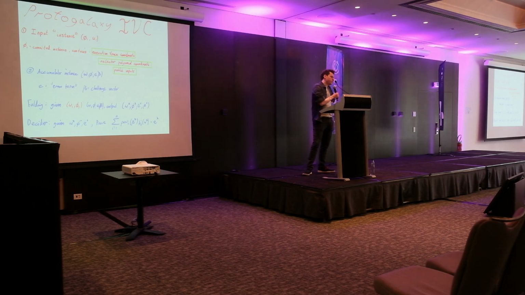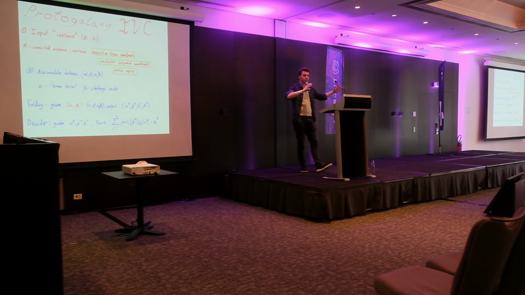And you have this thing called an accumulator instance, which is very similar to a regular instance, except it has these two additional terms, E and beta, where beta is basically random challenges that have been generated, and E is an error term. What we're basically doing here is taking multiple circuit descriptions with witness assignments, so basically quasi-proofs, and constructing random linear combinations of them to make a single consolidated proof.